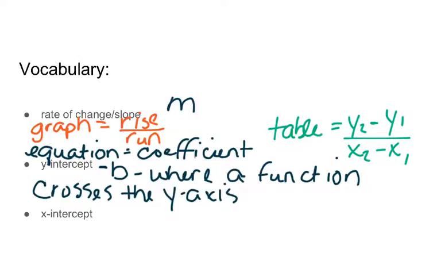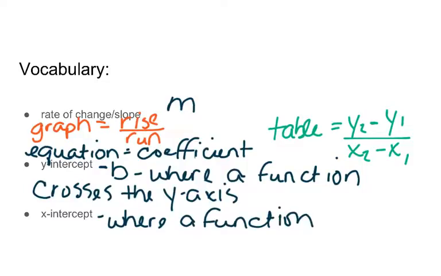Now the x-intercept doesn't have a letter to indicate what it is, but like the y-intercept, the x-intercept is where a function crosses the x-axis.